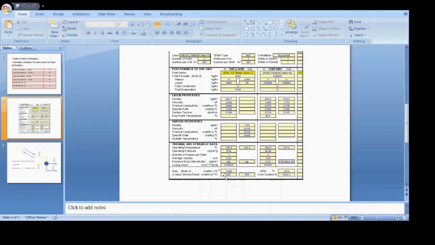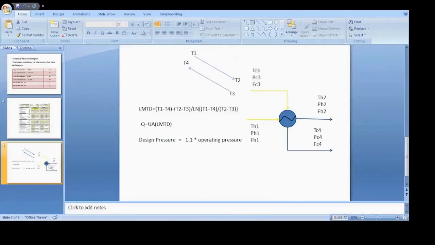So the significance of this U factor is, when we know the duty, from the duty we can find out the UA parameter by using the formula Q equal to UA into LMTD. That I will show you in the next slide. So here you can see, T1 is the temperature of the hot fluid, decreasing from T1 to T2, and the cold fluid temperature is increasing from T3 to T4.